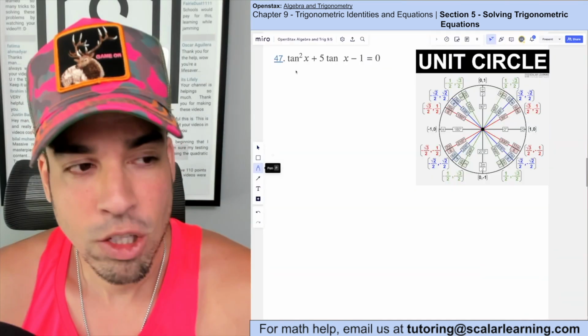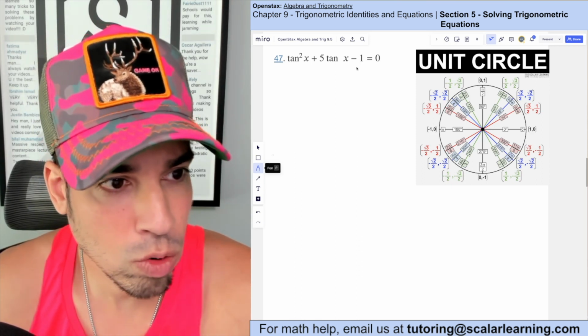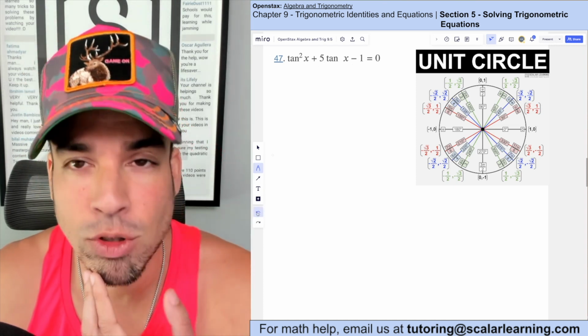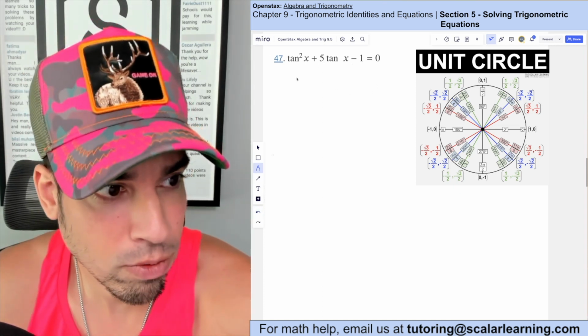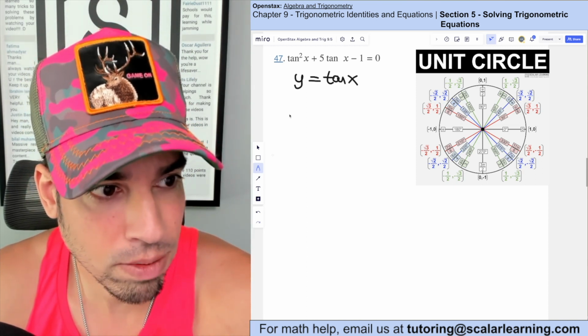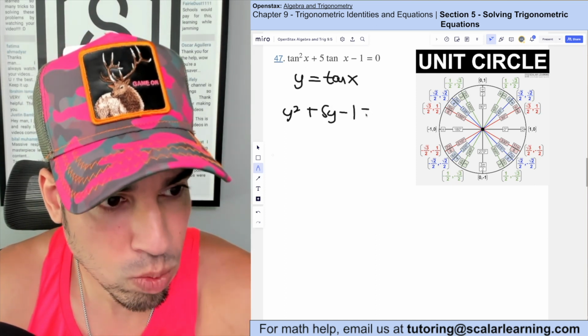Boom, done. For this one, ideally, we'd factor, but as you might notice, there's no such thing as two whole numbers that multiply to -1 and add to +5. So clearly, we're going to have to use the quadratic formula. So I'm going to start by setting y equal to tangent of x, and then I'm going to rewrite this as y squared plus 5y minus 1 equals 0.